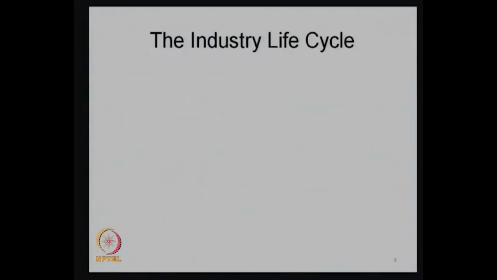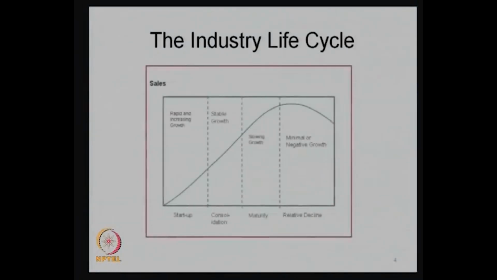And coming to one of the tools in industry analysis, we use something called the industry life cycle. In the industry life cycle, we say a particular product gets introduced, and it is called the startup phase. This is one of the 4 phases of the industry life cycle. Then you have the introduction stage, a startup phase, where you see rapid and increasing growth.